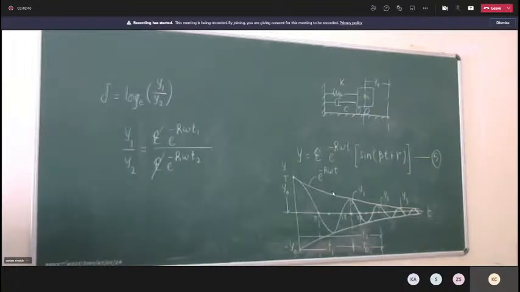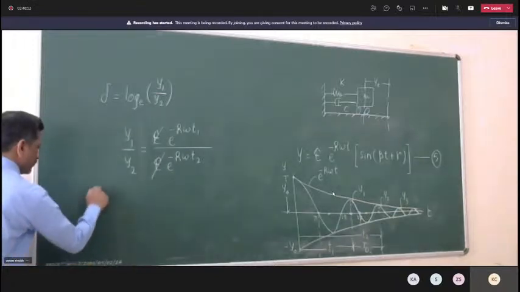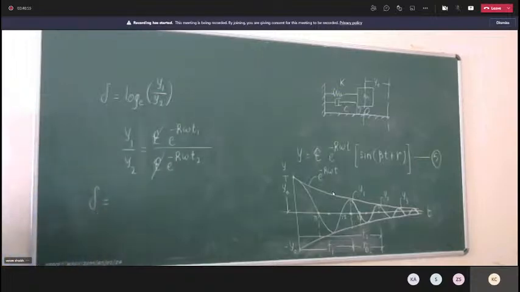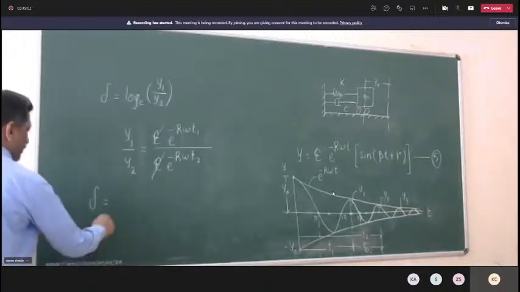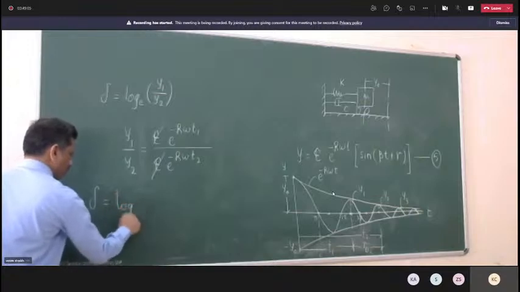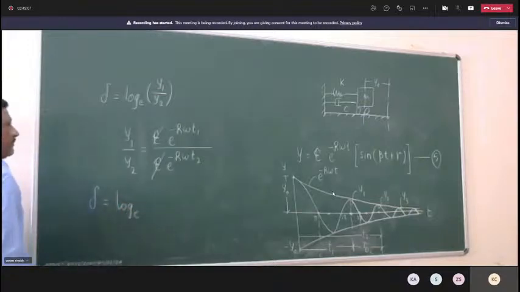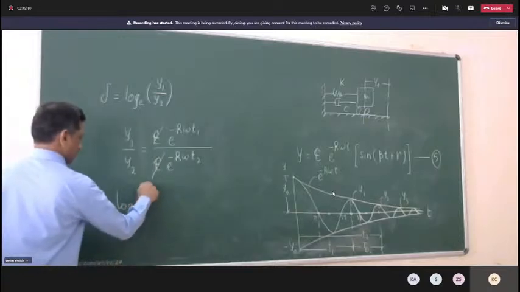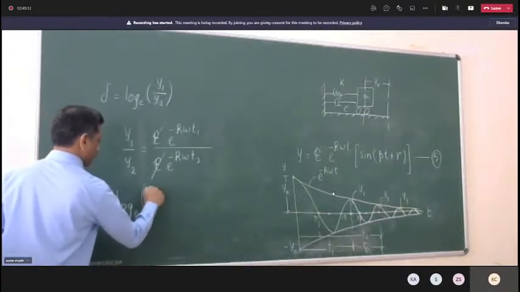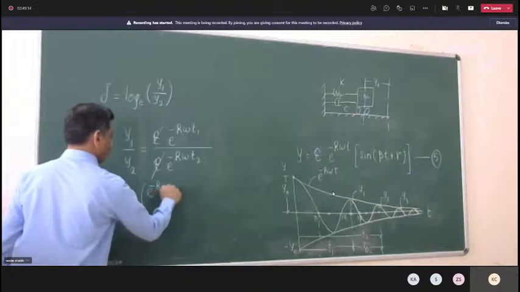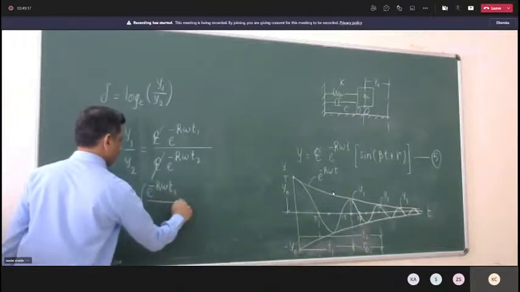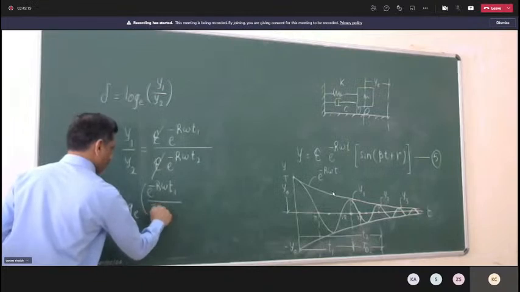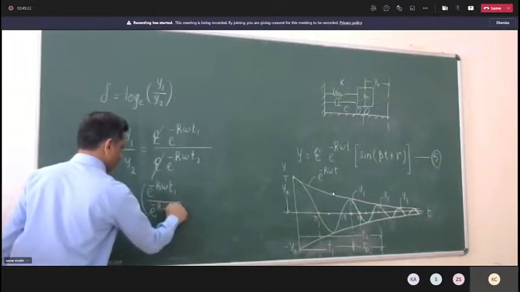Now let's say, substituting in the equation of logarithmic decrement, delta is equal to log to the base e of e raised to minus r omega t1 upon e raised to minus r omega t2.